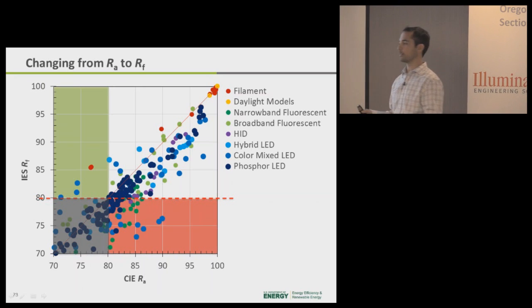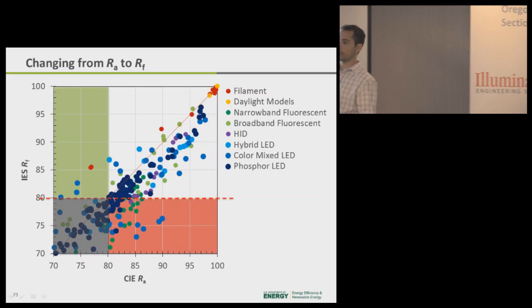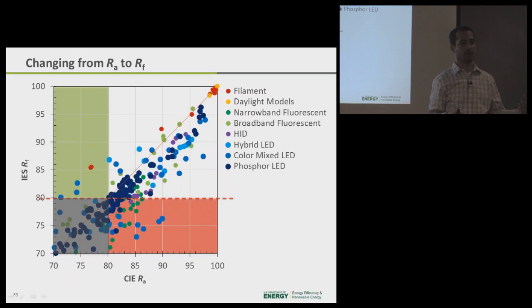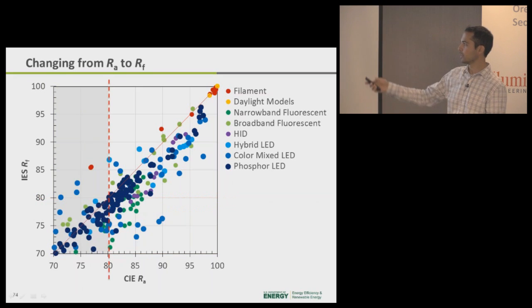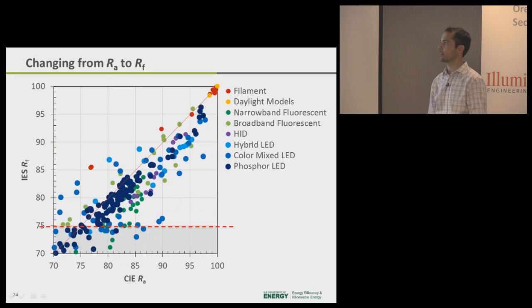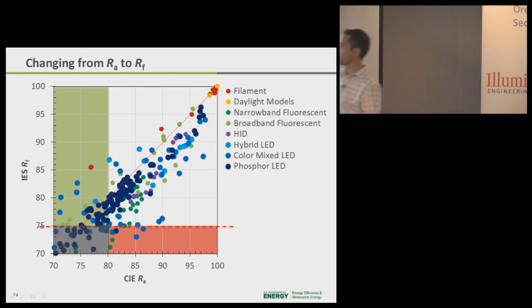So this comes down to what are the appropriate criteria and how do we set those criteria for a new system. So I can simply change this and say, well, I want to go instead to IES Rf 75, and there I have only a very few sources that previously qualified that no longer would. So it's important to think, it's not a straight one-to-one relationship between the two.